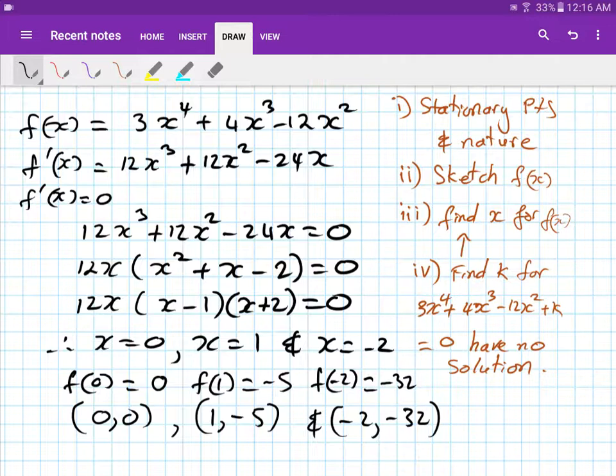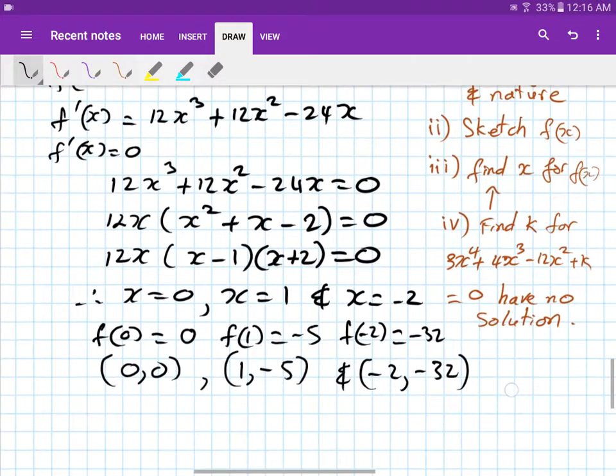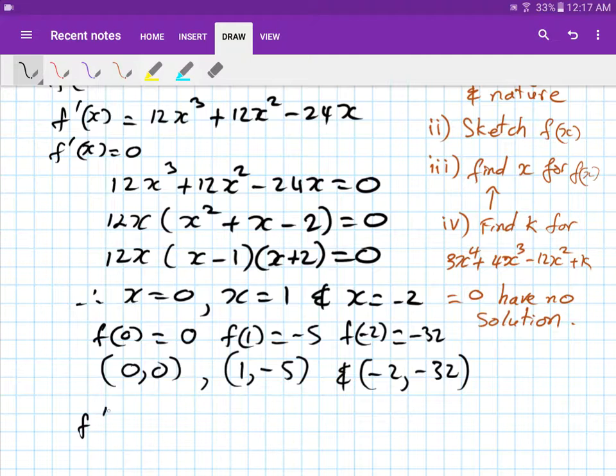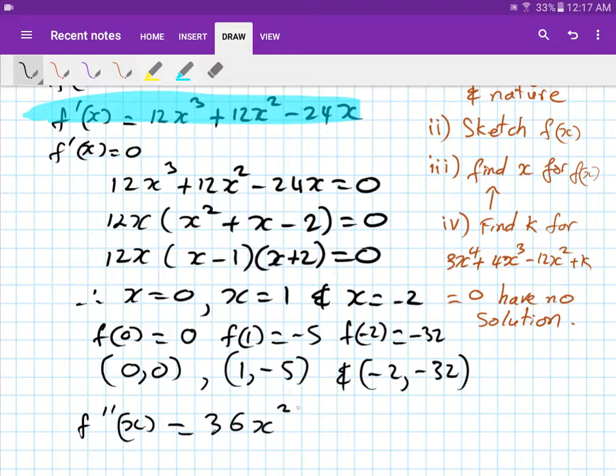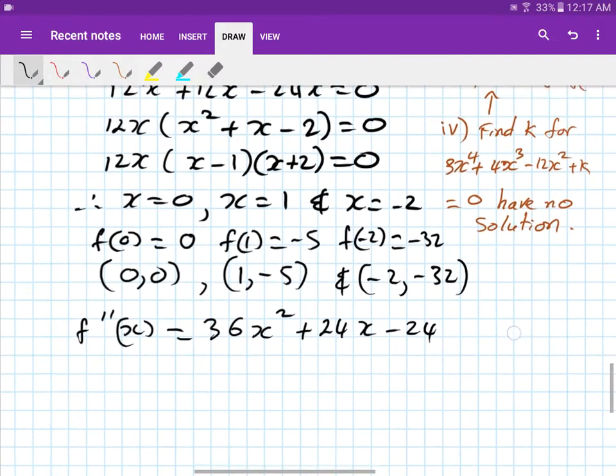Now we already found the stationary points. Now we have to determine the nature of them. So let's say f''(x), we're going to do the second derivative, which is equal to 36x^2 + 24x - 24.